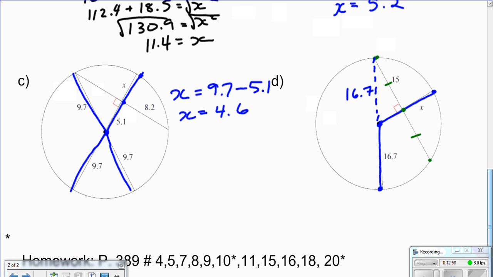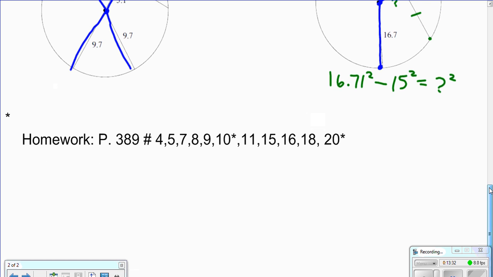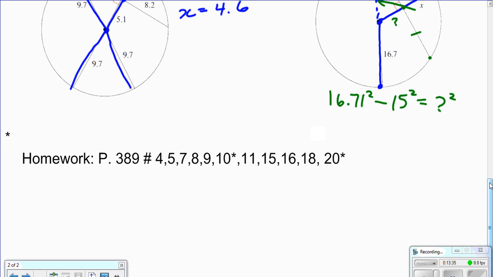And so if we know the radius and we know another length within that right triangle, we can find the missing length. So we're going to find this length first, and then using that and the radius, we can find the unknown x. So shoot an arrow through. I know the hypotenuse, so that means I'm going to be subtracting. So 16.7 squared subtract 15 squared equals, let's just call it question mark squared. And so we get 278.9 squared.